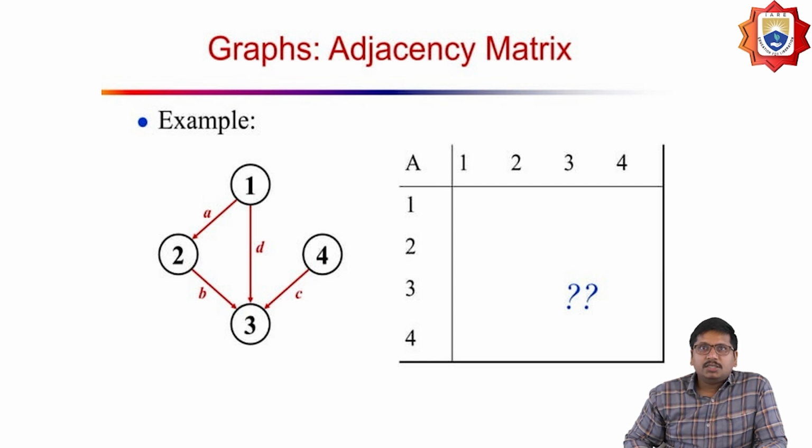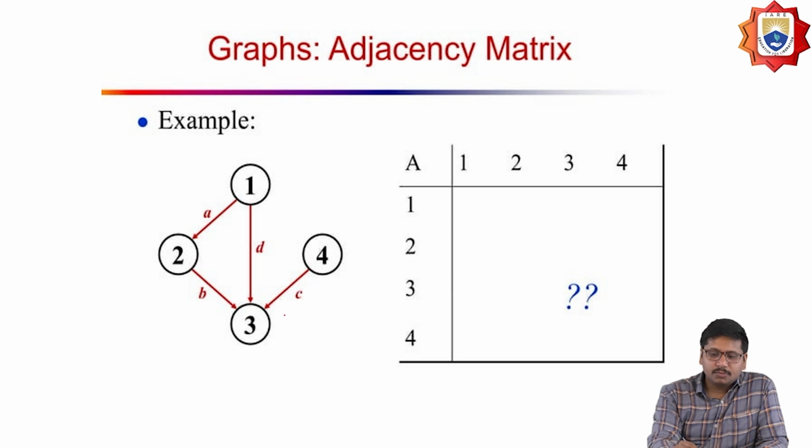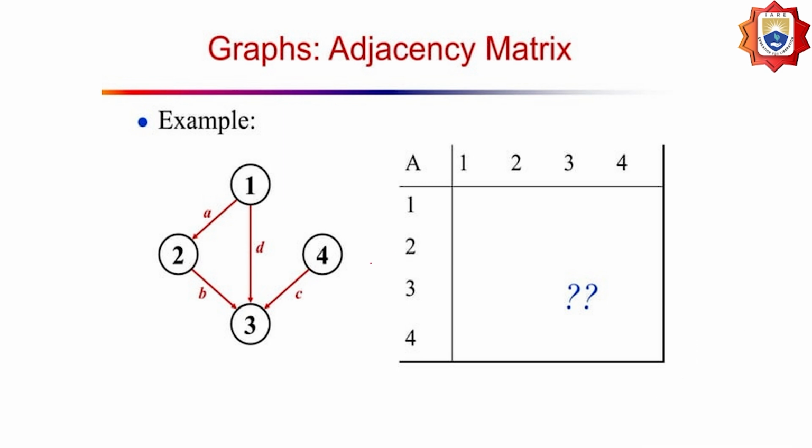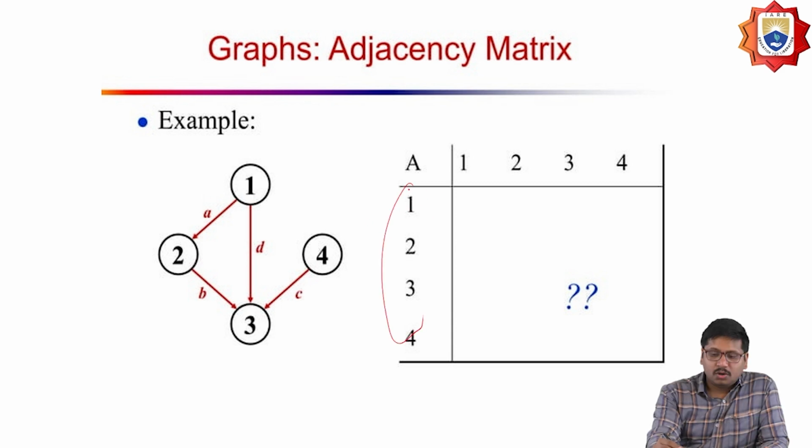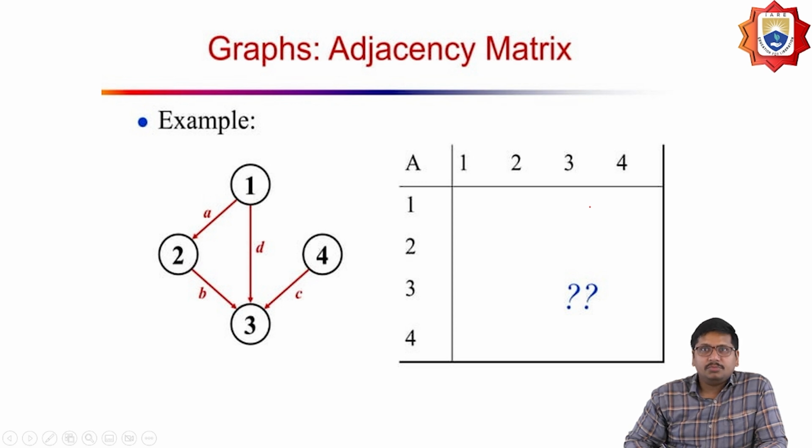So the next one is the adjacency matrix. Adjacency matrix means that we have a graph like this, and all the vertices are represented in the form of rows and columns.